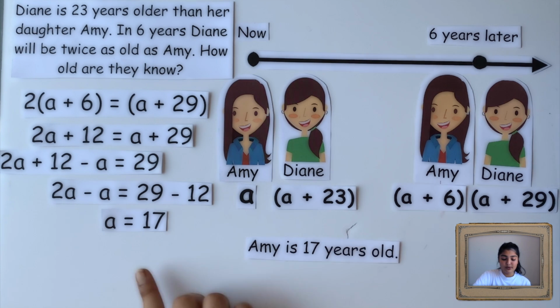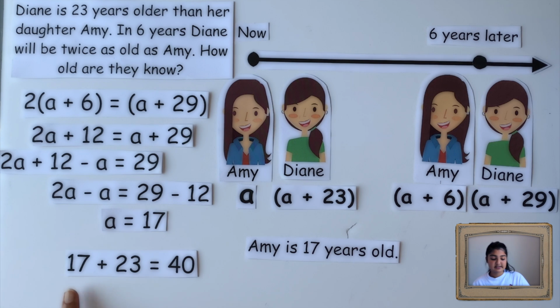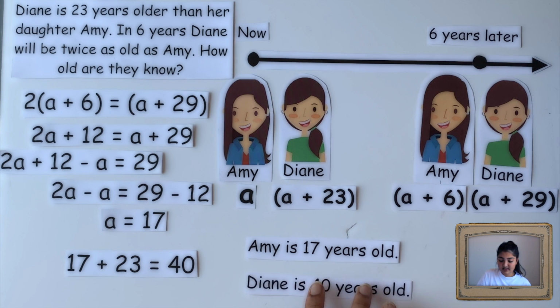And we know A is 17. So, to find Diane's age, we can do 17 plus 23, which is equal to 40. In other words, Diane is 40 years old now.